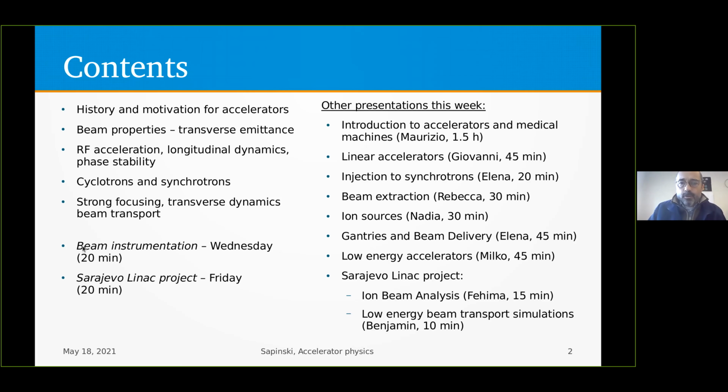However, this week is full of interesting presentations related to accelerators. You have seen already yesterday two presentations from Maurizio. Then tomorrow there will be a presentation about linear machines from Giovanni. Special aspects of synchrotron operation, which is injection and extraction by Elena and Rebecca. Nadia will talk about ion sources. Presentation of Nadia is actually split in two.